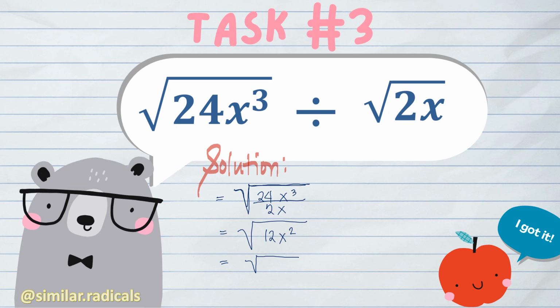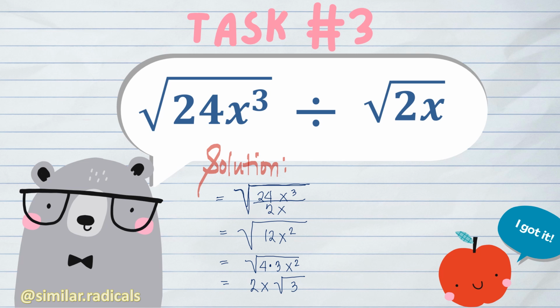I know we can break down 12, so that's gonna be 4 times 3, and then x squared. We can also directly simplify x squared. Square root of 4 is 2, and square root of x squared is x. We're gonna have 2x square root of 3.